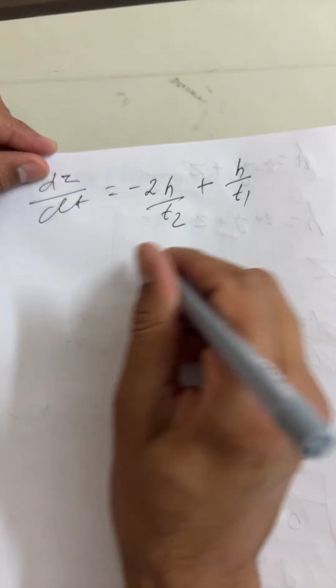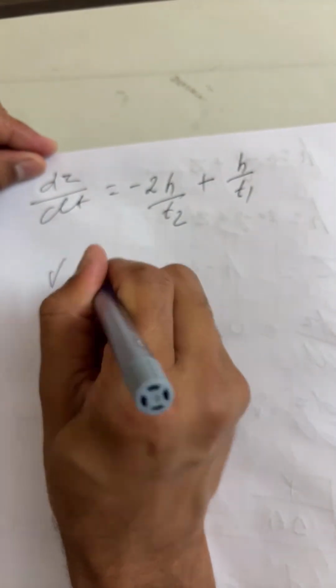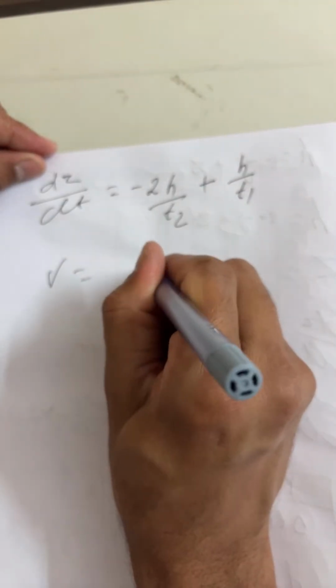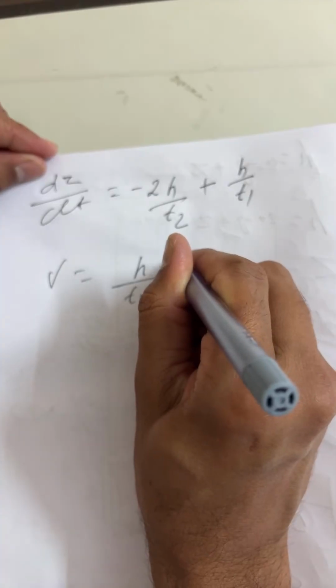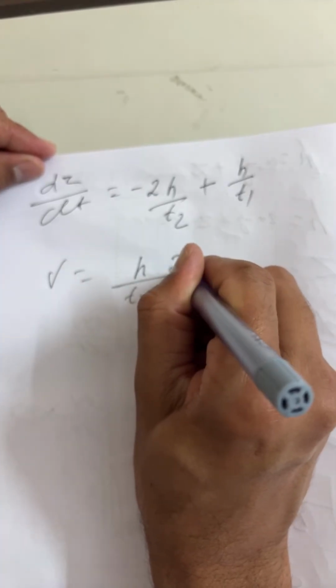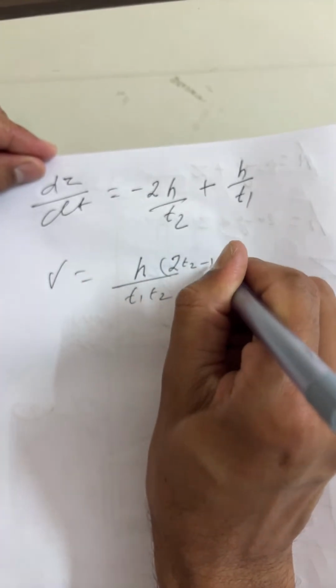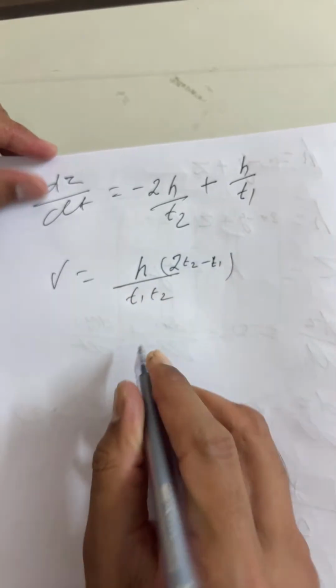Simple. Just do it further, and you can write the speed of the shadow. Taking h common, t1 into t2, you will get twice of t2 minus t1.